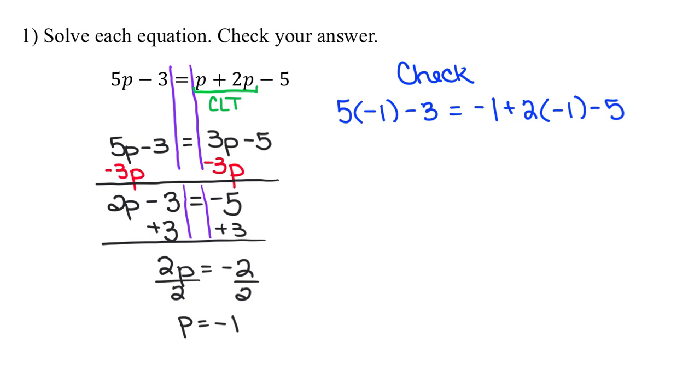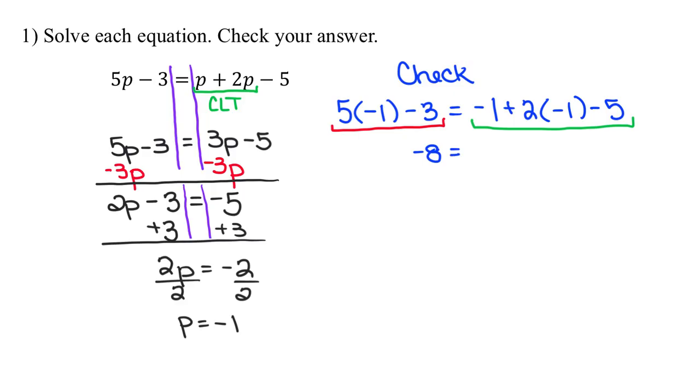So I'm going to do the left side in the calculator and get an answer. 5 times negative 1 minus 3 gets you negative 8. All right, now I'm going to do the right side of the equation.